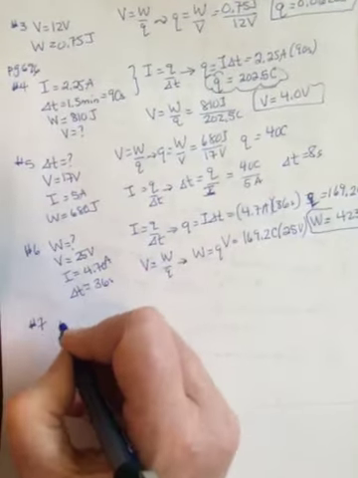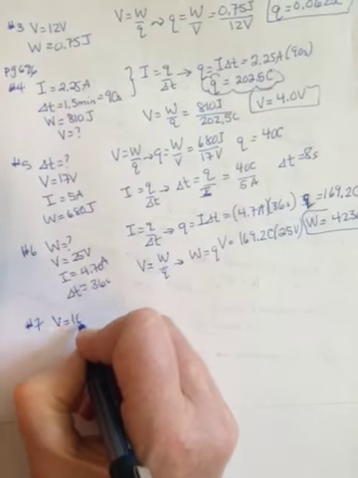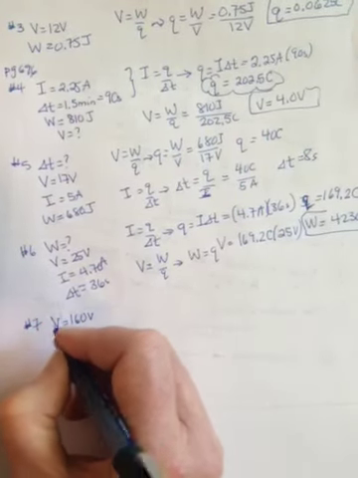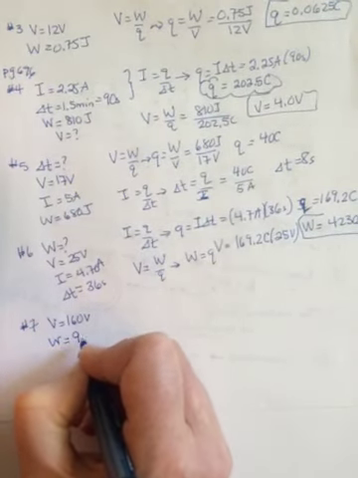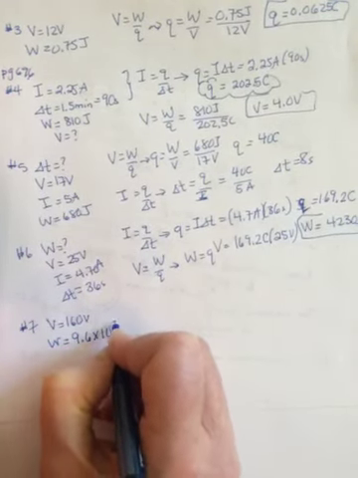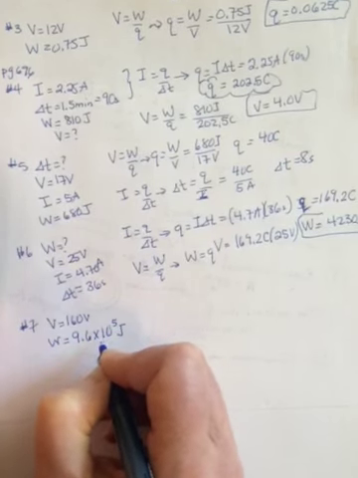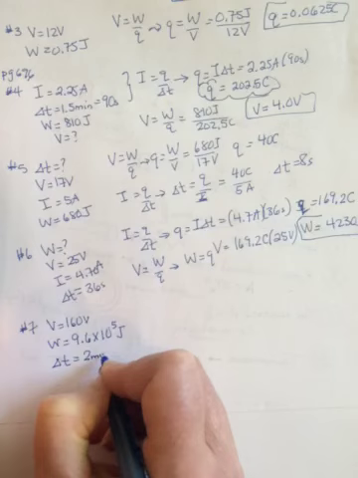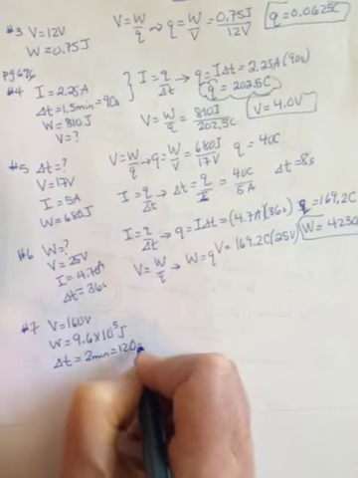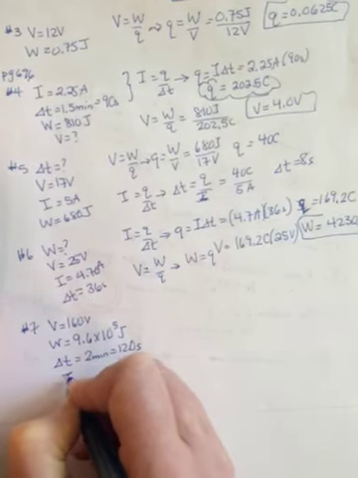Okay, number 7 says 160-volt battery, so V is 160 volts, does 9.6 times 10 to the 5 joules of work, so W, 9.6 times 10 to the 5 joules, in 2 minutes. Delta T, 2 minutes, which is, of course, 120 seconds. What's the current?